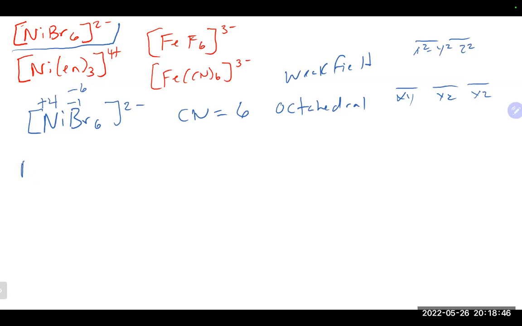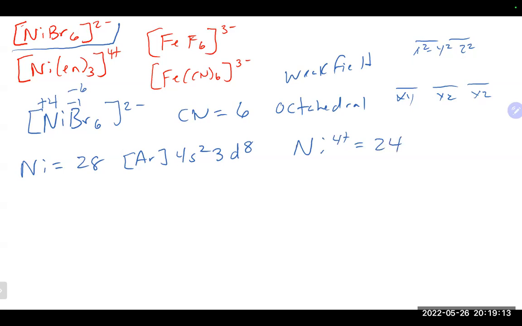If we look at nickel with no charge, that is lucky number 28 on the periodic table, which is argon 4s2 3d8. Nickel with a +4 charge would have only 24 electrons, right? It lost 4 electrons.